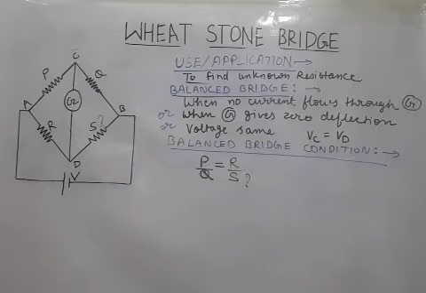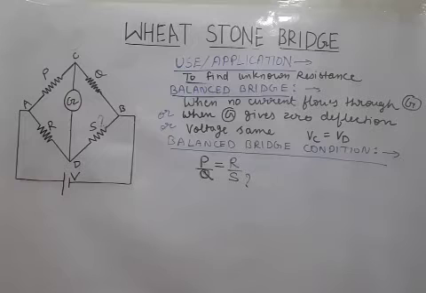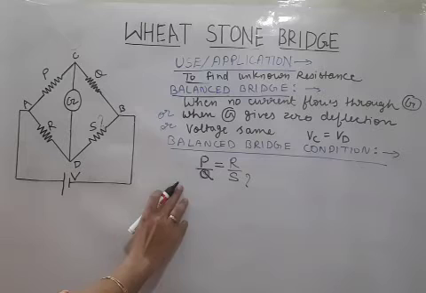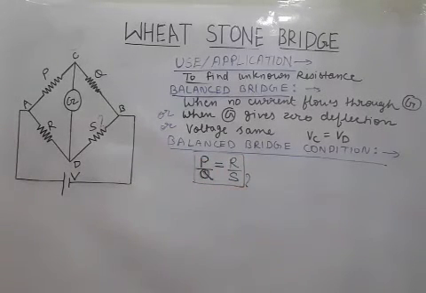If this galvanometer is at 0 deflection, that means there is no current flowing through the CD branch. That time this bridge is called balanced, and when the bridge is balanced, then this equation P upon Q equal to R upon S is valid.